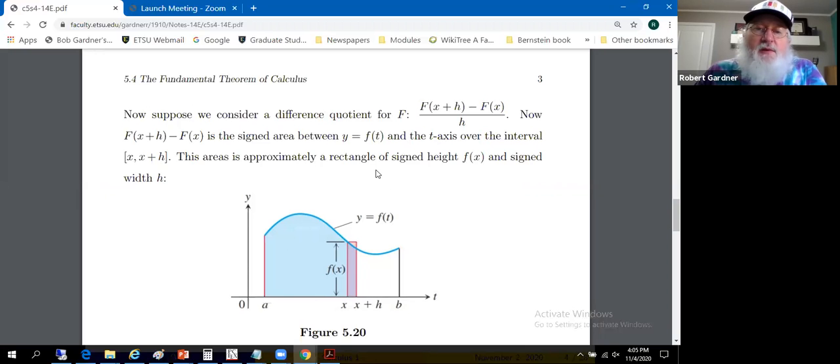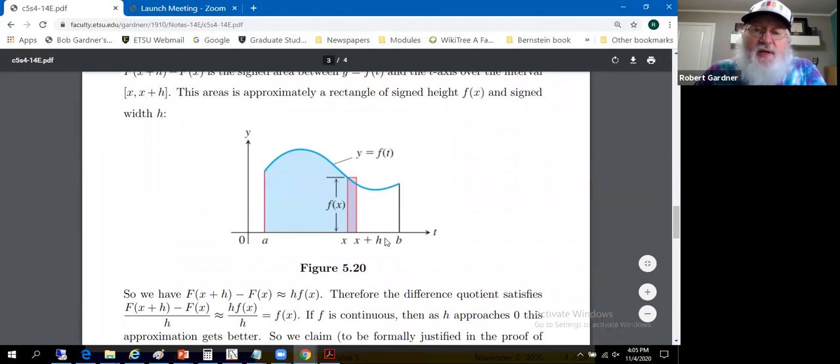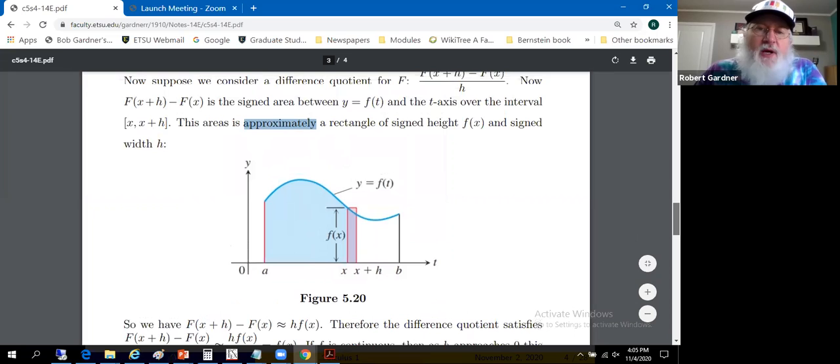The area of this resulting rectangle can be found as approximately, it's not actually a rectangle, so here's first where the approximations come in, and here's where we're losing the rigor of a proof, but we'll take care of that in detail in a while. This is x to x plus h, this is h units wide, and how tall? f of x.